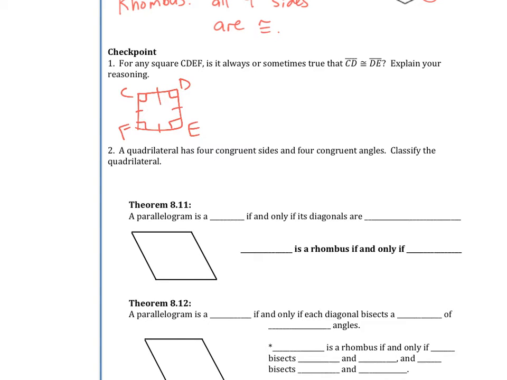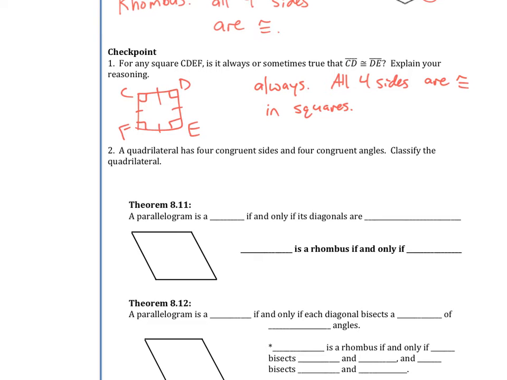So this would be always, because all 4 sides are congruent in squares. So that'd be always. No matter what sides there, they have to be congruent because in a square, all 4 sides are always the same.